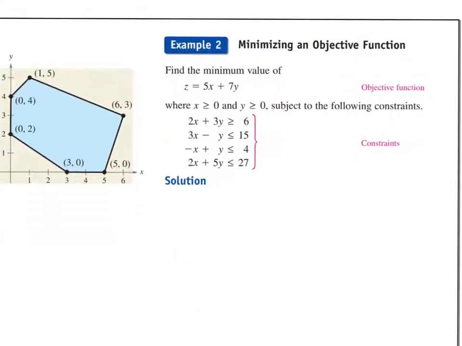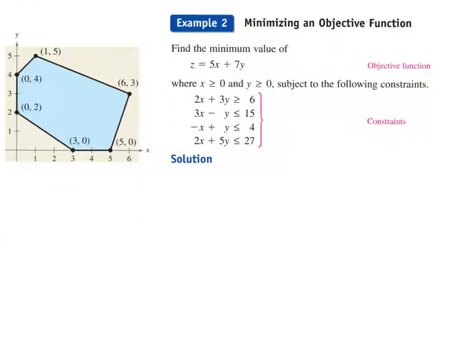Okay, here's another one. Objective function, constraints, and a graph. Okay, it's 5x plus 7y, and I've got 4 constraints that I have to work within. Okay? Remember, it's the corner points that I really want to see.